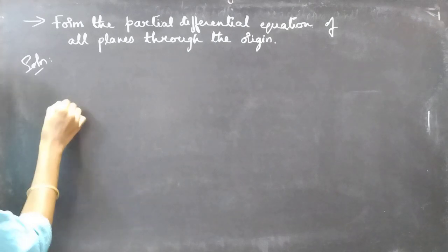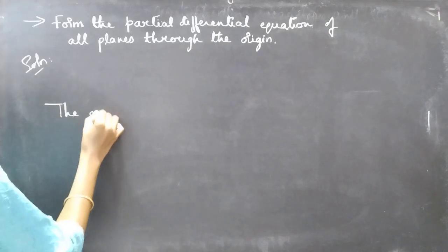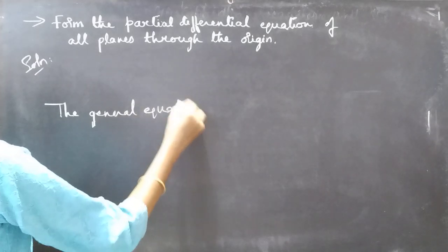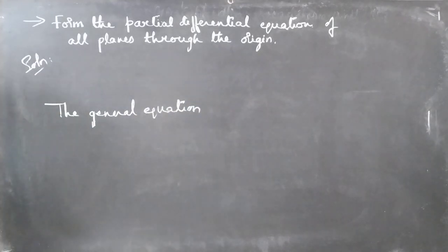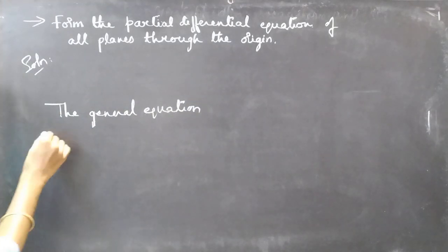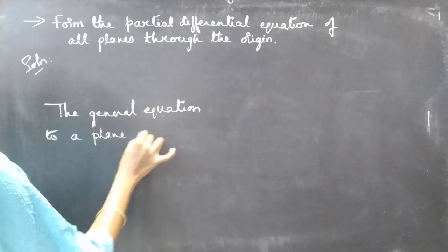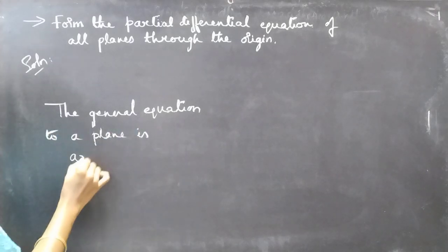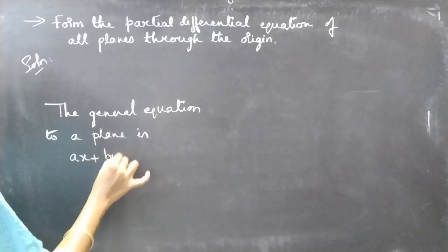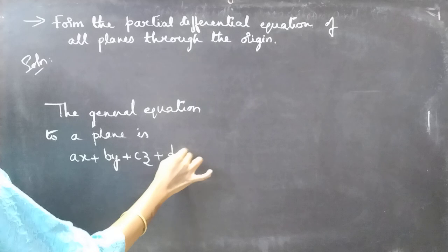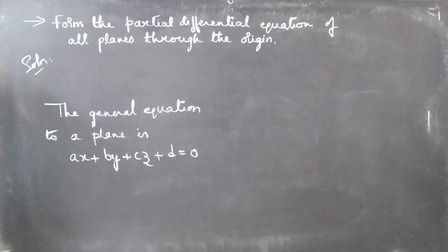Okay, we know that the general equation to a plane is ax plus by plus cz plus d equal to 0, right?